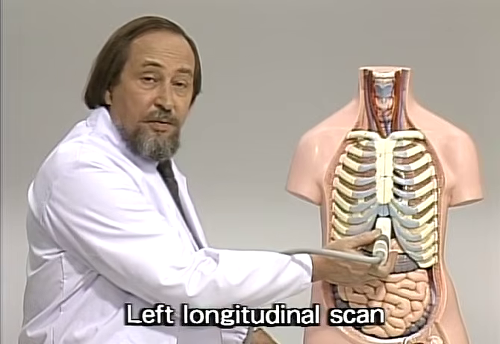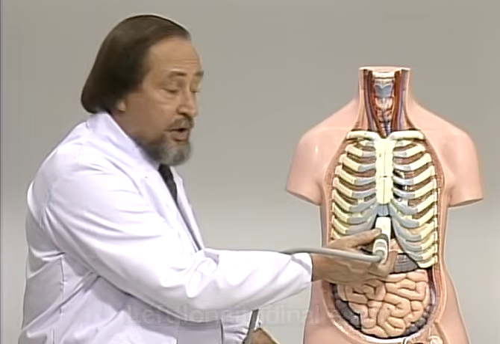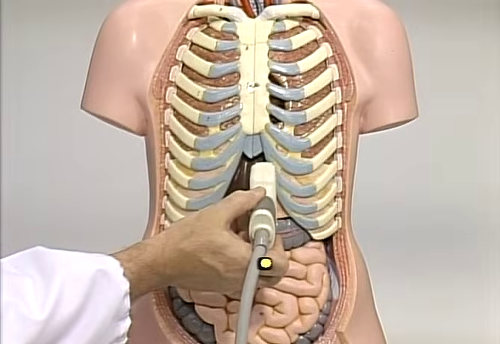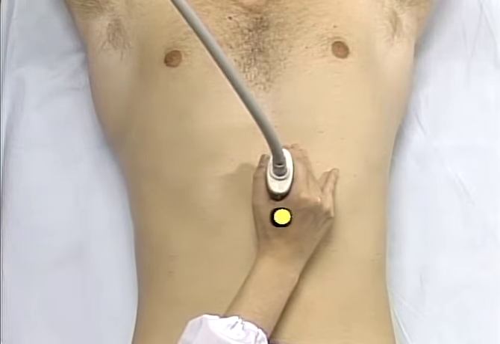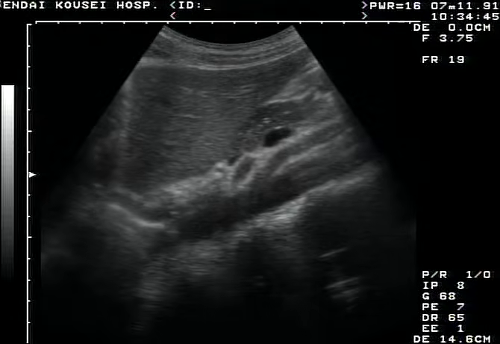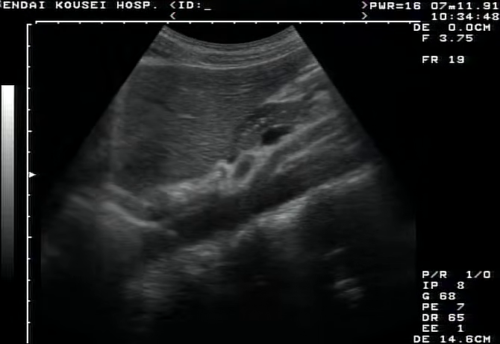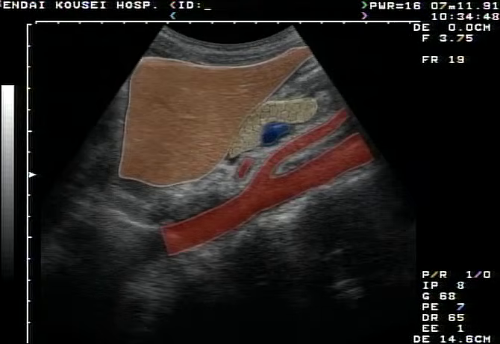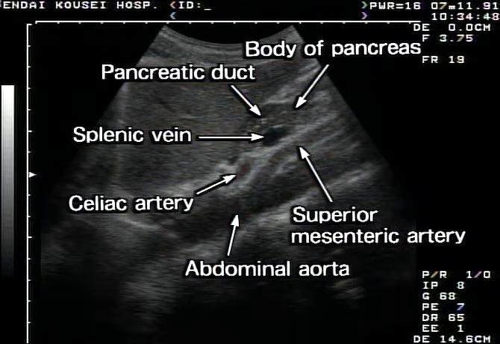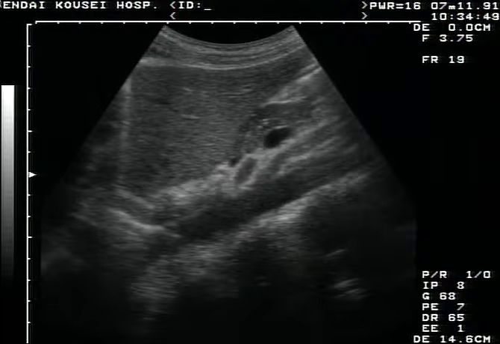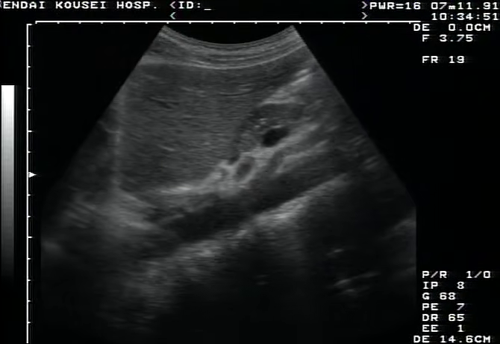Now, move the probe from the center of the epigastrium slightly rightwards. This plane shows the longitudinal images of the abdominal aorta, the celiac artery bifurcating from the abdominal aorta, and the superior mesenteric artery, and also transverse images of the body of the pancreas, pancreatic duct, splenic vein, and stomach.